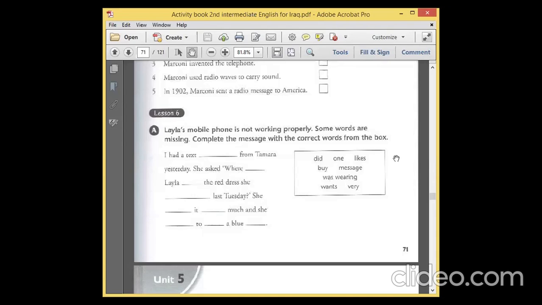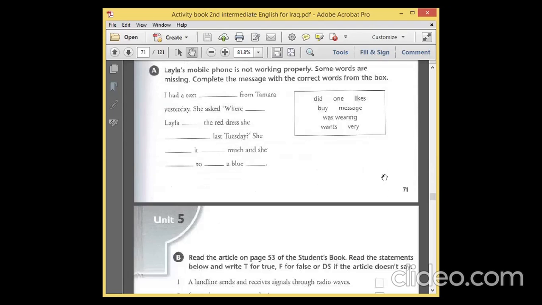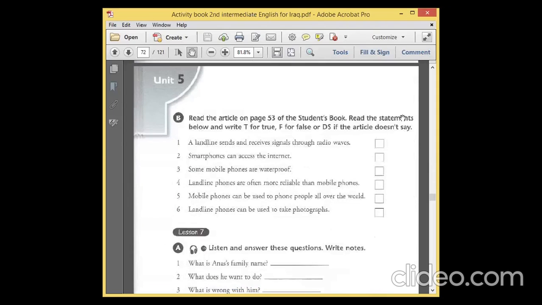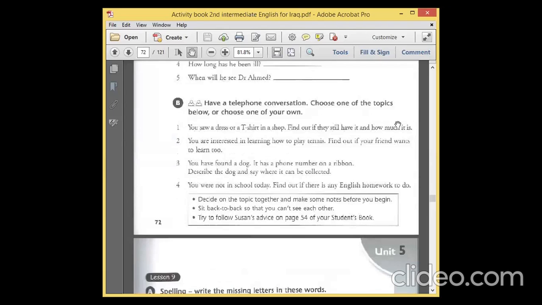Now you know this. Let's quickly move to another exercise, because we don't have time, which is on page 72.